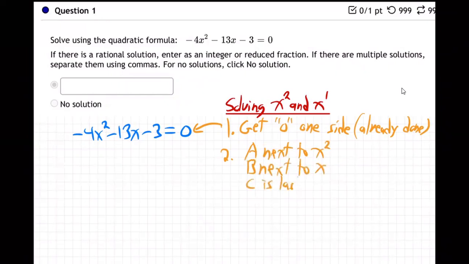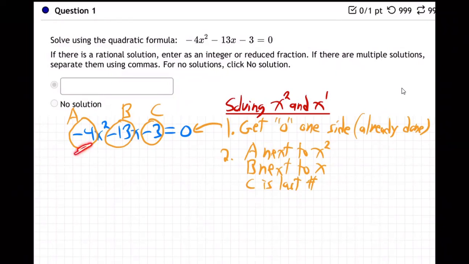C is the last number. So in other words, this is A. It's what's next to x squared. This is B, negative 13. And this is C. So we kind of peel off the numbers next to x squared, x, and then the last number. And we call them A, B, and C.